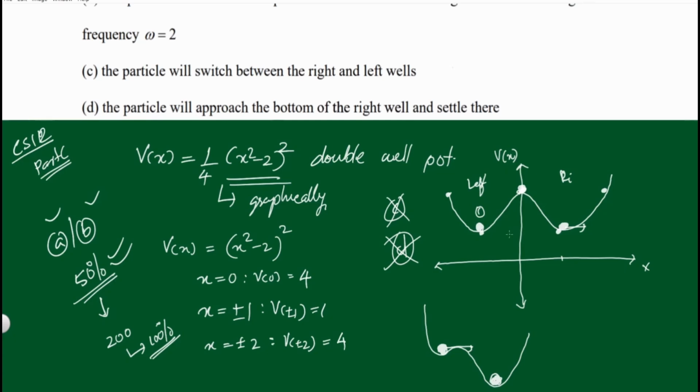So even if you don't know any higher level physics, just by knowing 10th class, 12th class subjects, you have a 50% probability of qualifying the CSIR exam.